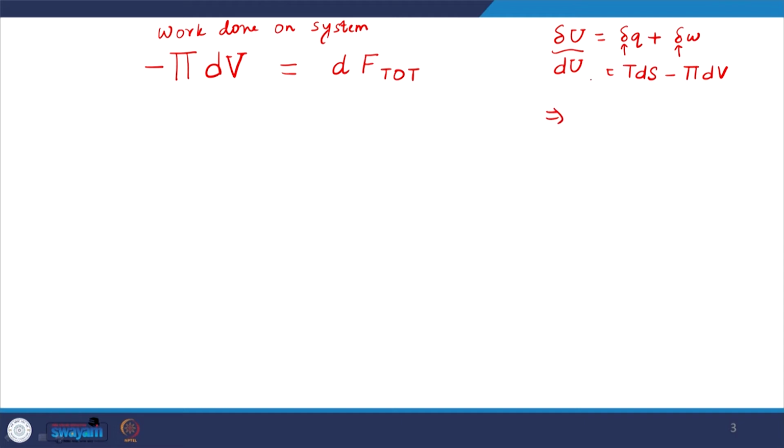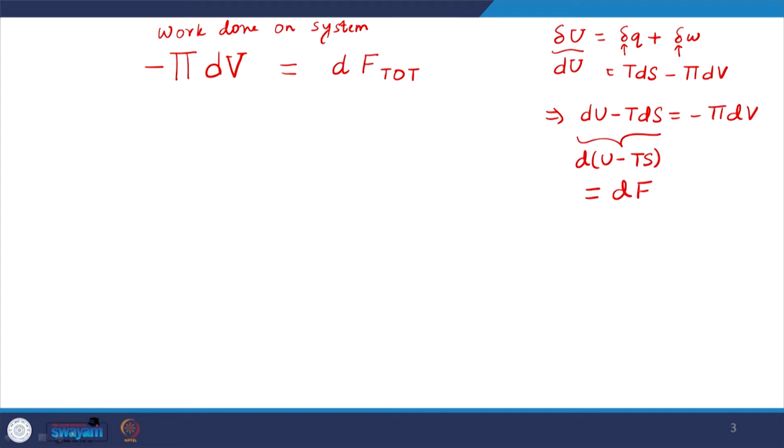So, if I move this to the other side, you have dU minus TdS is equal to minus pi dV, and this at constant temperature we can say is d(U minus TS), and that is equal to my Helmholtz free energy, right.